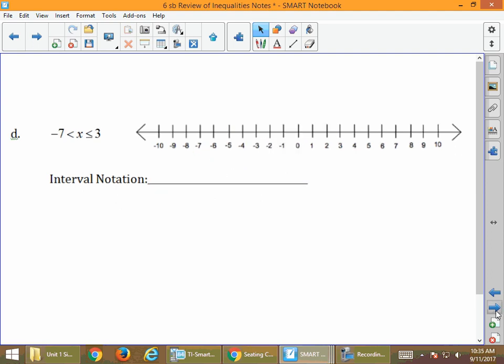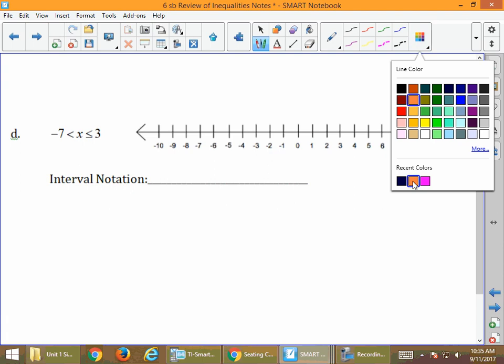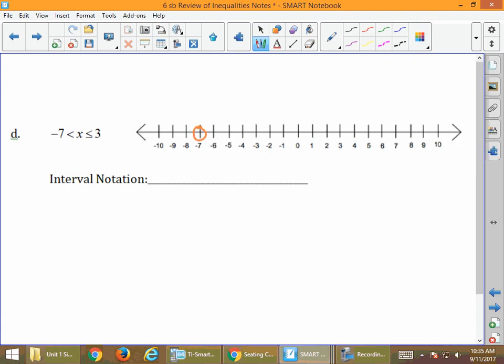Letter D. -7 is less than x is less than or equal to 3. We're going to put something on both -7, which in this case is going to be an open circle because there's no equals. Over here on the 3, we're going to put a filled in value, and then everything in between.